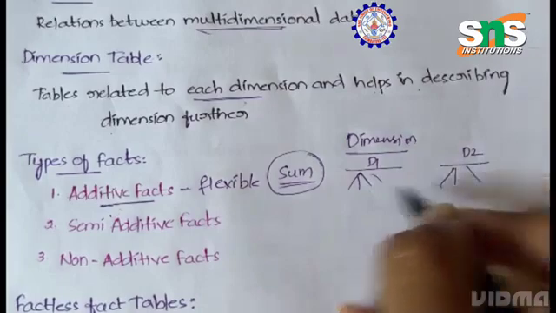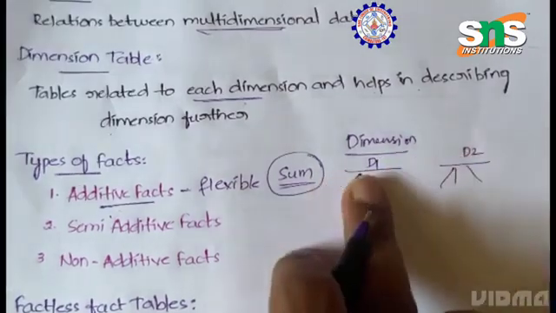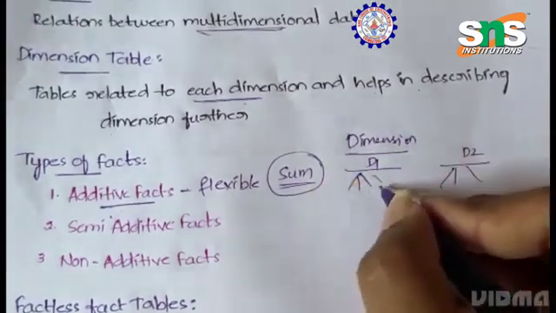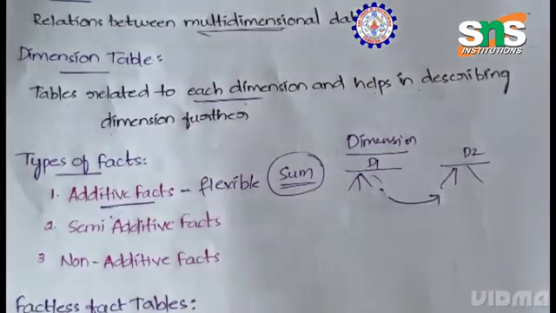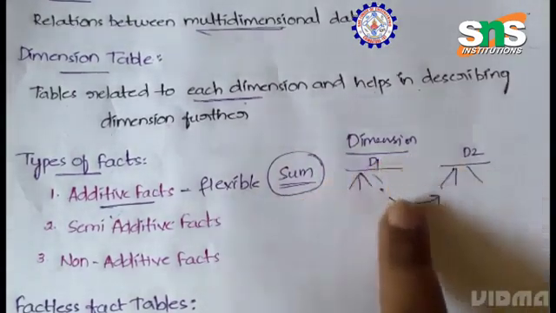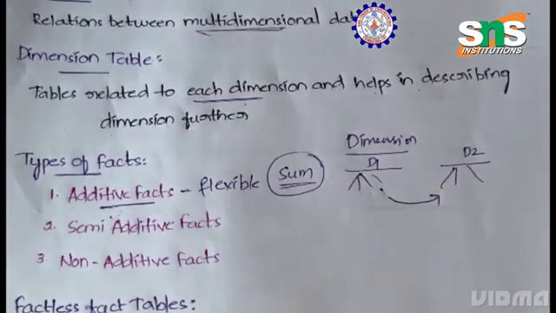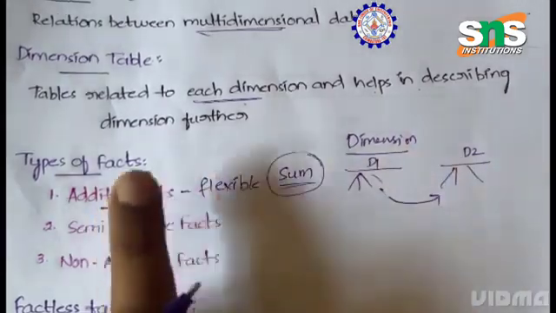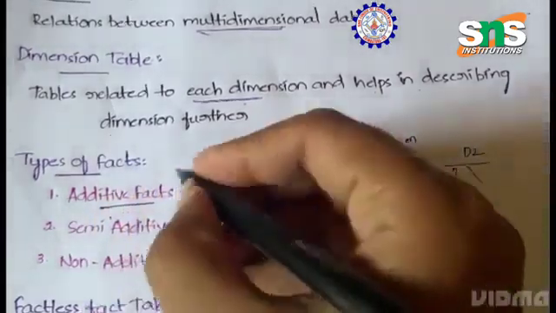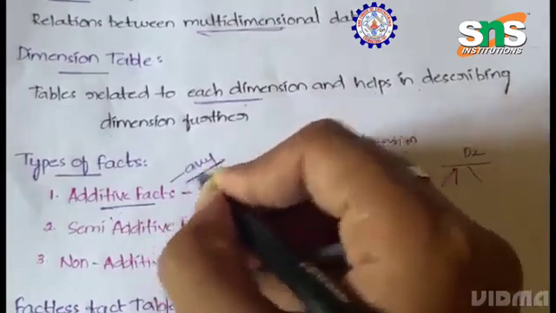So you can sum these facts with these facts. Across different dimensions also you can go. They can be summed across any of the dimensions associated with the fact table. So in your fact table, the facts which can be summed up with any of the dimensions come under the additive facts. You don't have any restrictions here.